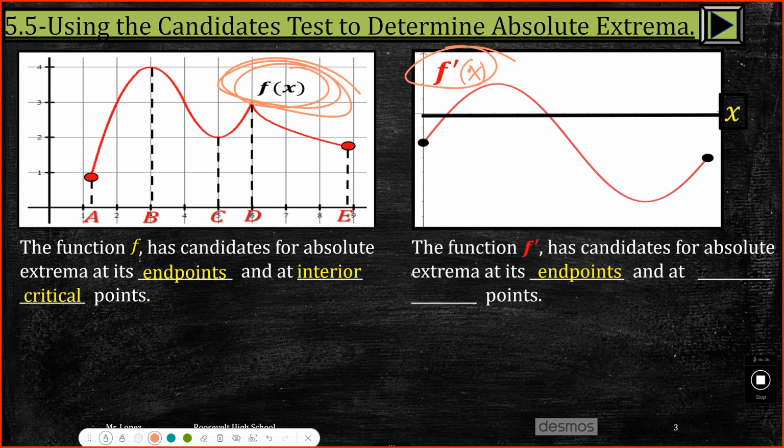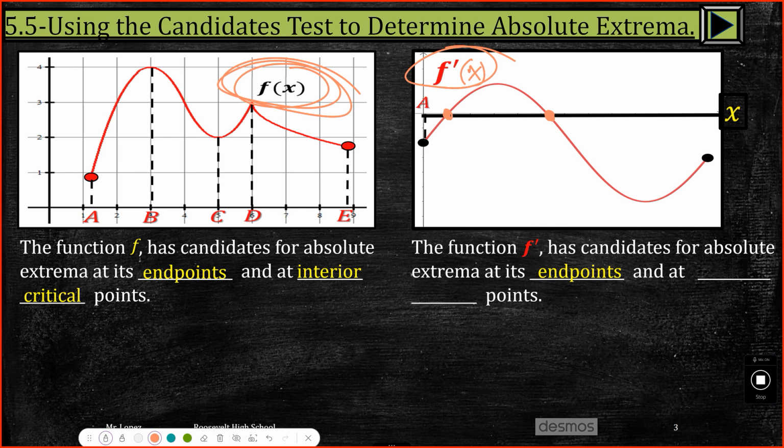Is this a critical number or critical point, an interior critical point? No, these are not it, because this is the derivative. And where it changes, see, this is the derivative. Wherever the slope changes from negative to positive, or from positive to negative, those would be it here. See the difference between that one and this one?